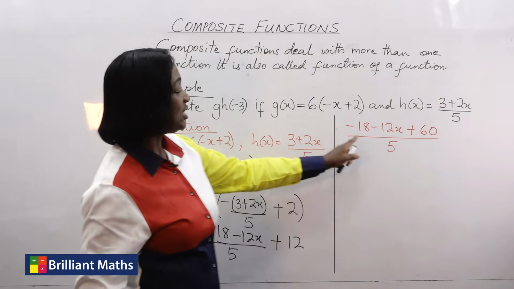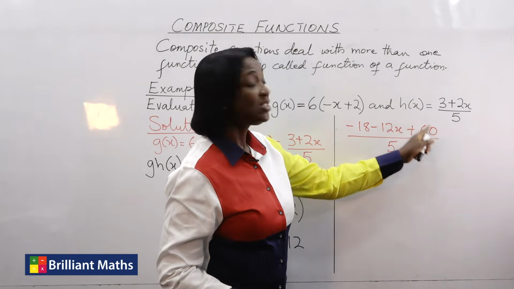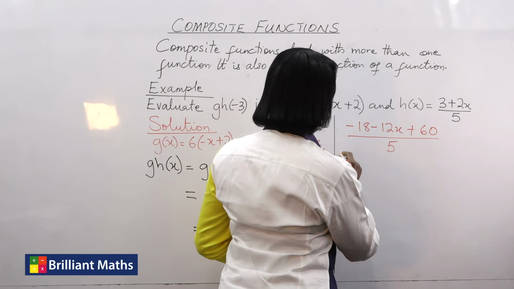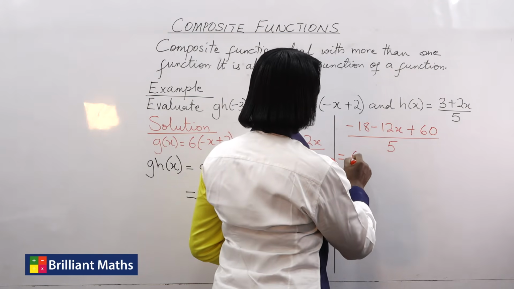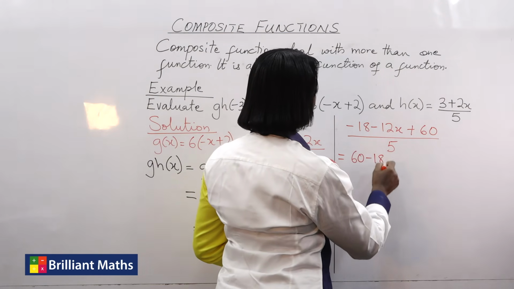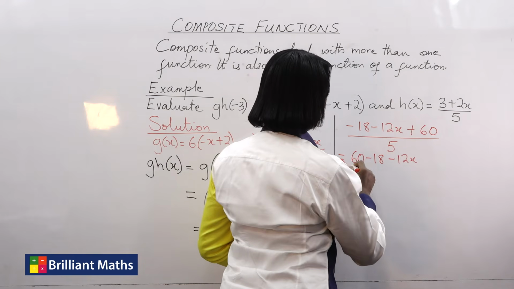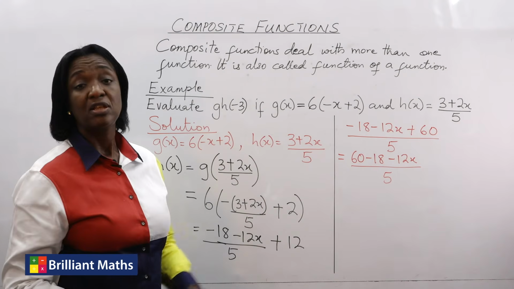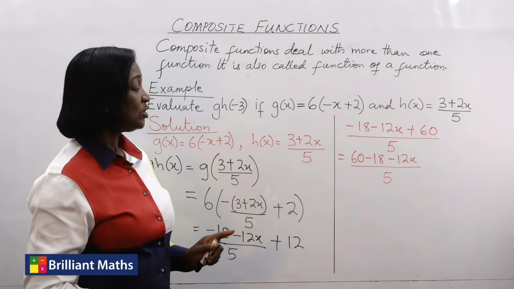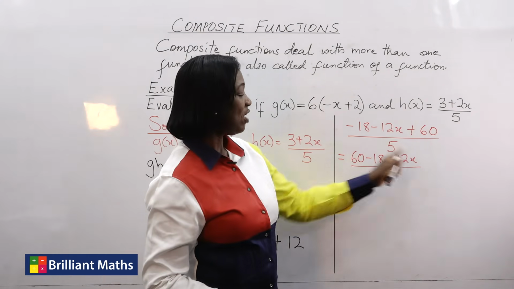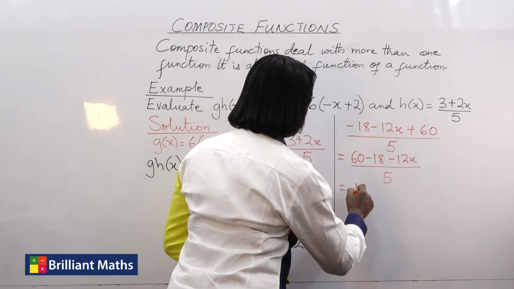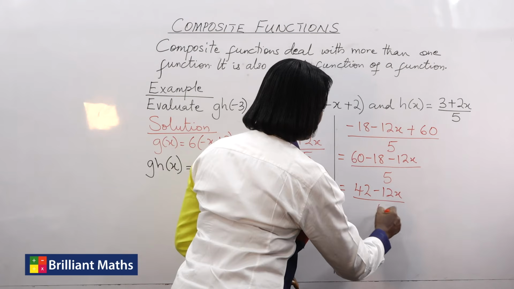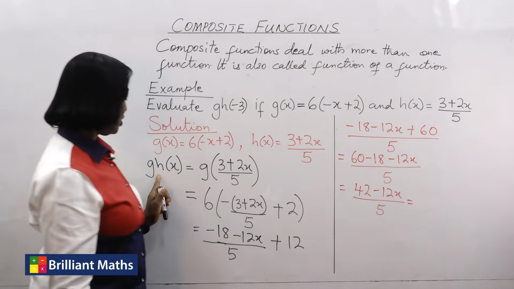So now I have minus 18 minus 12x plus 60 over 5. Collect like terms now. So I have 60 minus 18 minus 12x over 5. 60 minus 18 is 42. So I have 42 minus 12x over 5. So this is my gh of x.